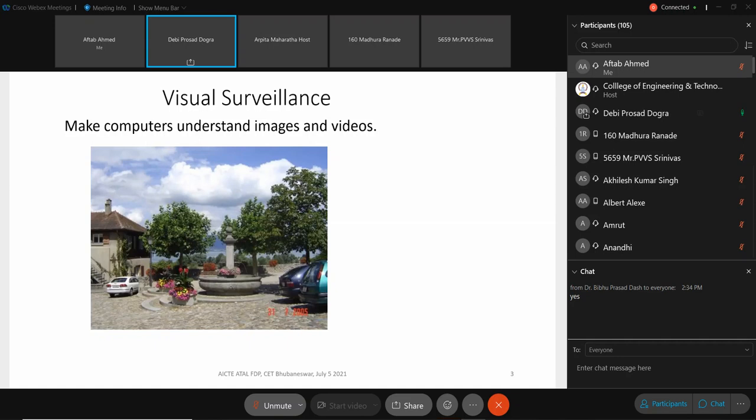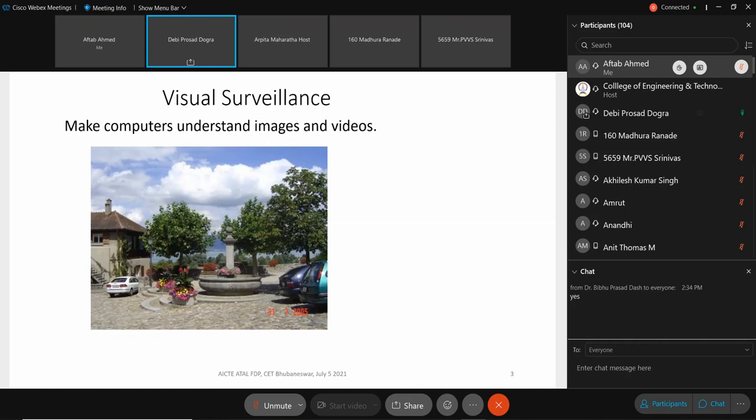You can generate hundreds of questions out of this image, starting from where is the car, how many trees are there, what is the color of the car, how many cars are there, which car is far away from the camera, and what is the type of the scene.